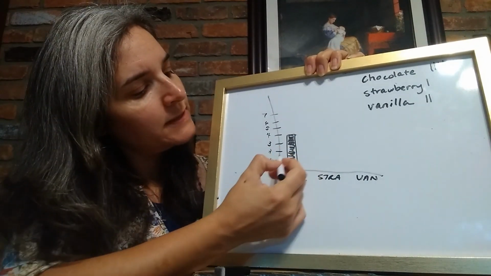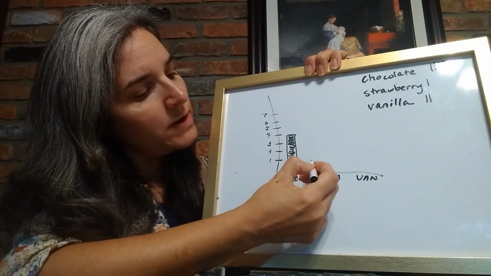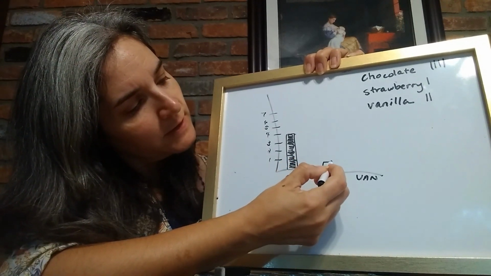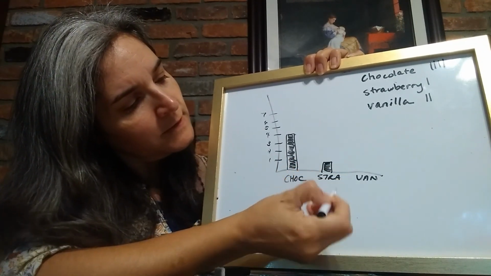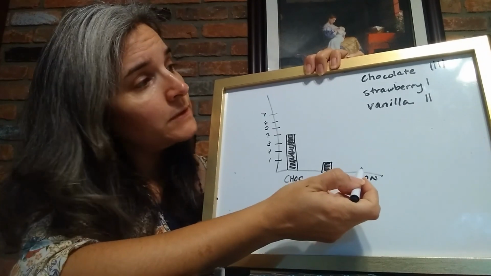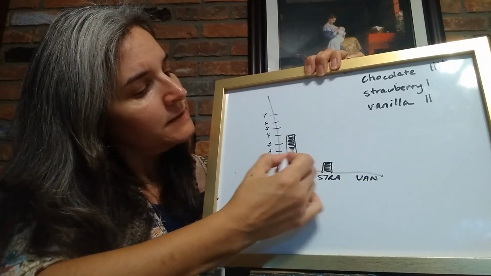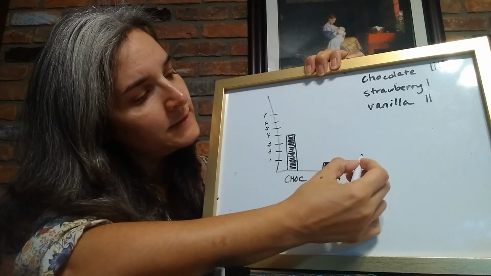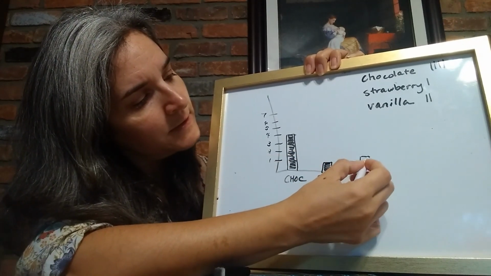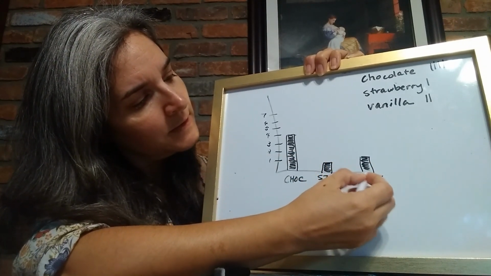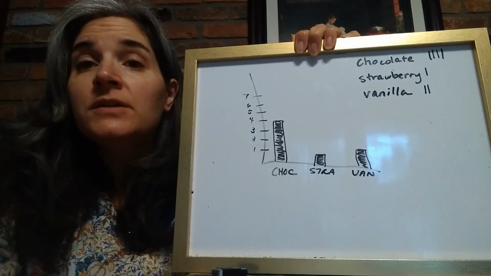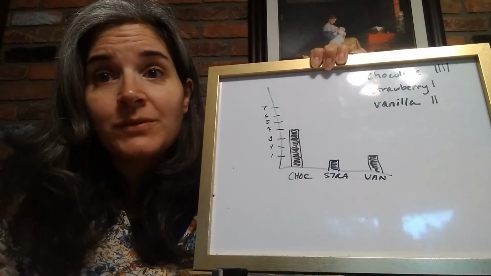I had 1 person that liked strawberry, so I'm going to look at 1, make the mark, and make my bar. And I had 2 people whose favorite was vanilla. So I come to the 2 line up here and fill that in. So that's all we need to do.